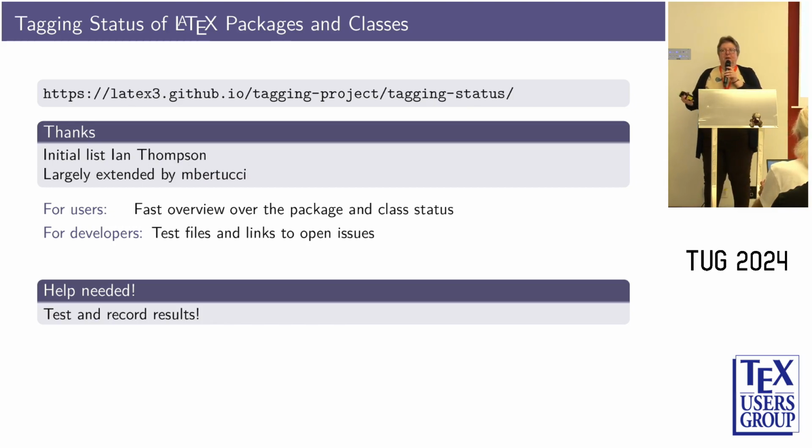Can I use this package if I want to create a tagged PDF, or this class? It should also help developers because there are test files and links, and hopefully also package maintainers will look at it and say, oh, well, my package is unknown or incompatible, and perhaps I could do something about it.